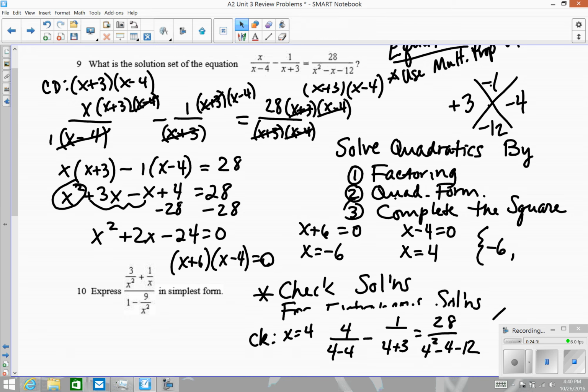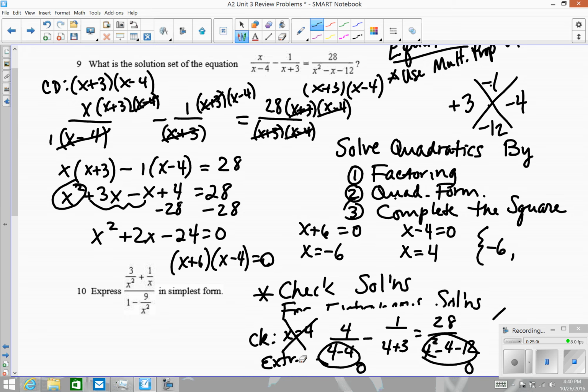Right away I can see that this denominator is going to give me a 0 value, giving me an undefined fraction. And the same thing is going to happen with this denominator over here. I'm going to get a 0. Whenever I have a zero denominator, that is going to give me an undefined fraction, which gives me an extraneous solution. So 4 is not a valid solution, and my only solution is negative 6 on that.